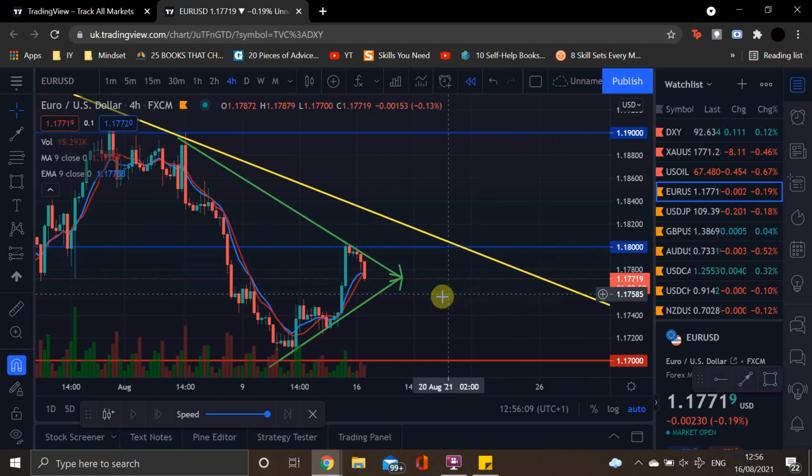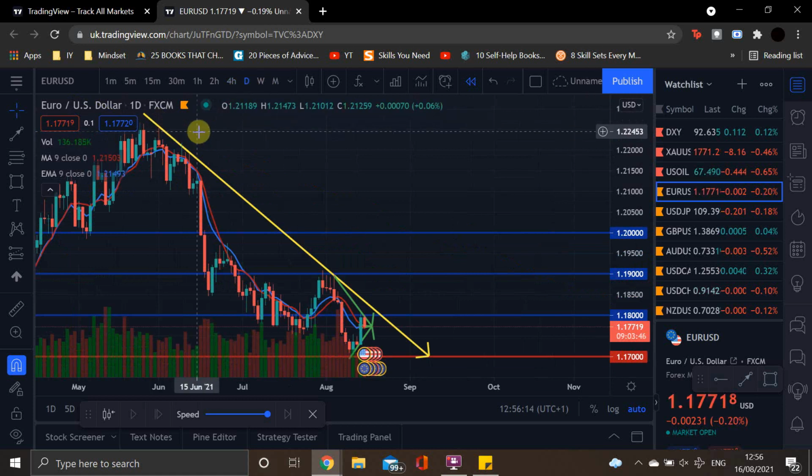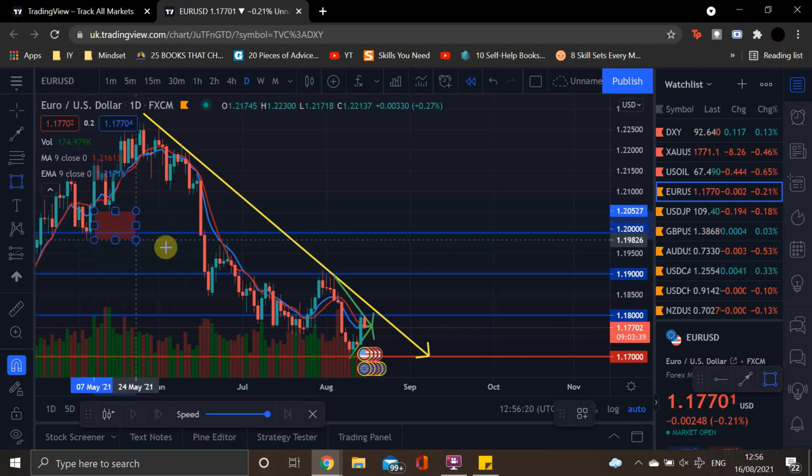Maybe I shouldn't have lines here because all the lines are kind of confusing. Maybe what I could do, which would be better, is maybe just draw boxes. Yeah, I should draw big boxes.